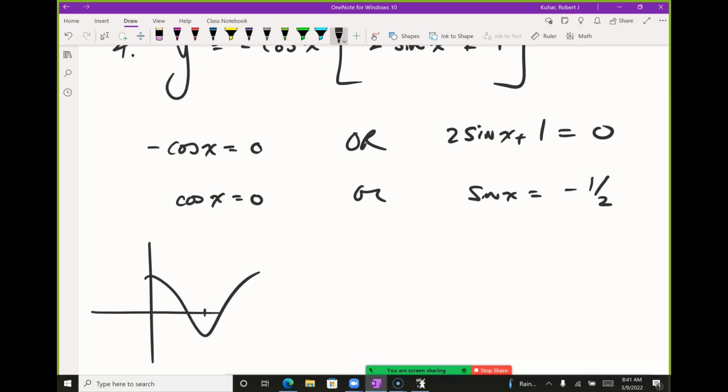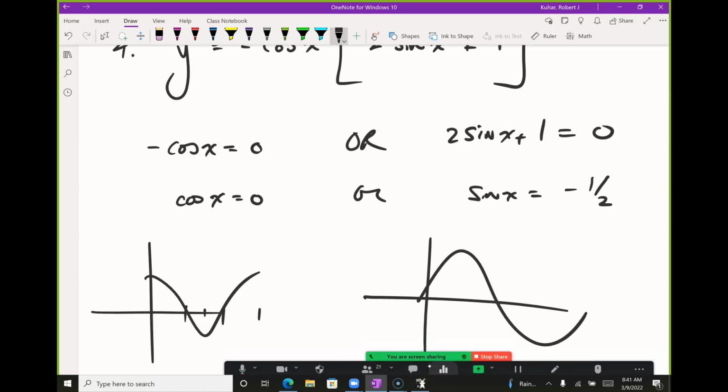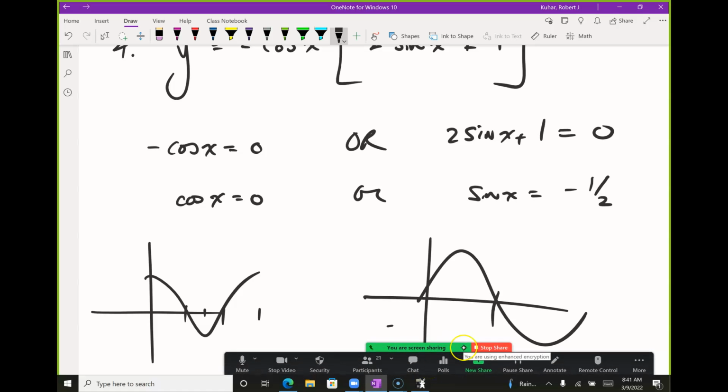So cos of x equal to 0, and then sine of x equal to minus 1/2. But remember, I'm only in quadrants 1 and 2, from 0 to pi. So I only care about that piece. The minus 1/2 over here is coming from quadrant 3 and 4. So I don't care about those. So the only one I see is x equals pi over 2.